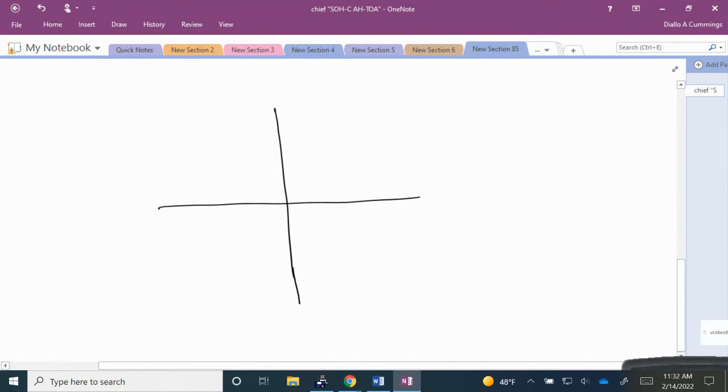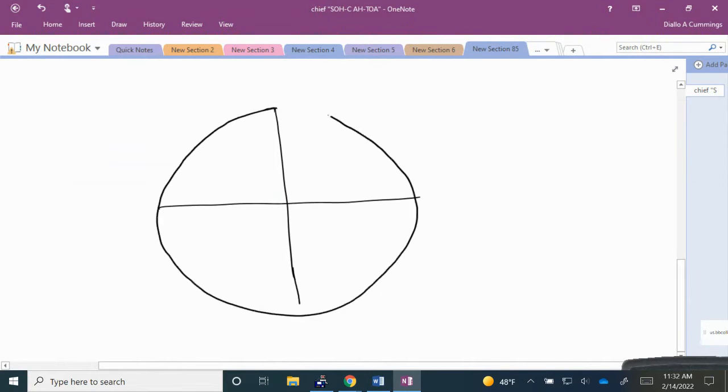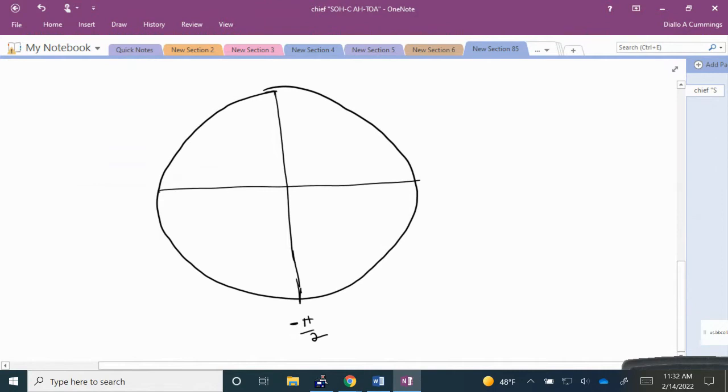So here is the unit circle on an X and a Y axis system. -π/2 is actually 270 degrees or 3π/2 radians.